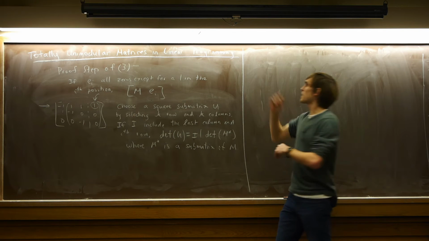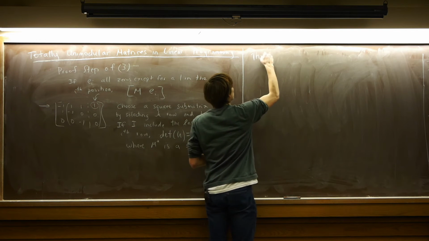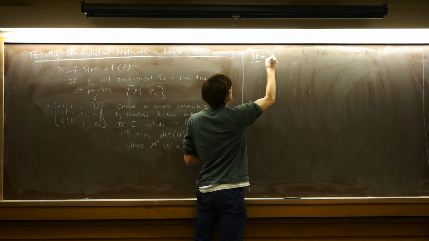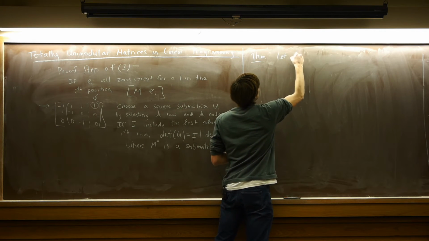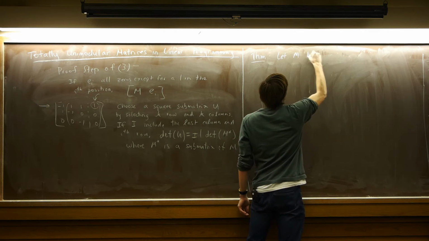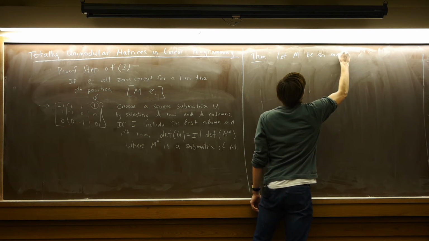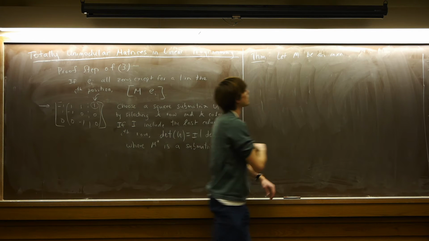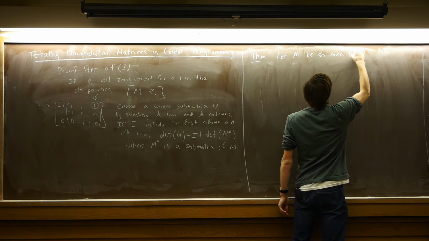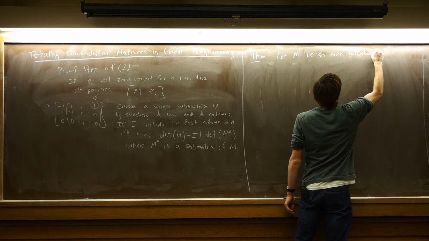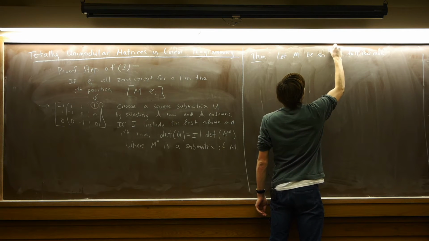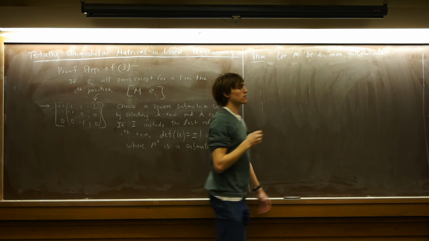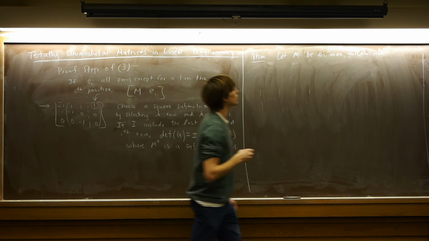Okay, let's talk about our main theorem that we're going to use later to apply to some graph algorithms. For this theorem, I want M, let's say it has dimensions M by N. I want it to be full row rank. By the way, I would like there to be more columns than rows.